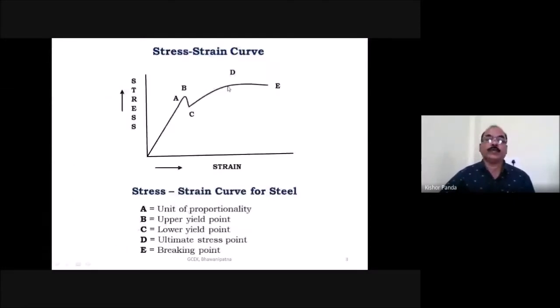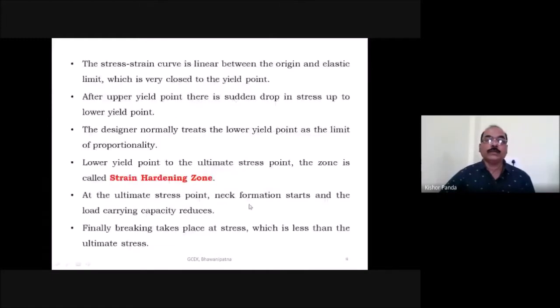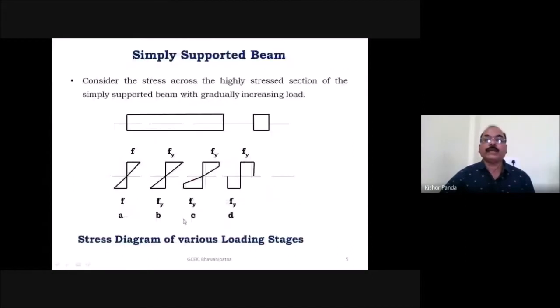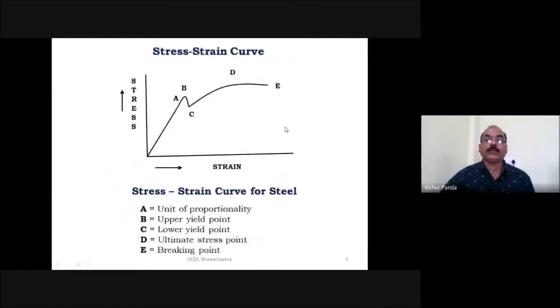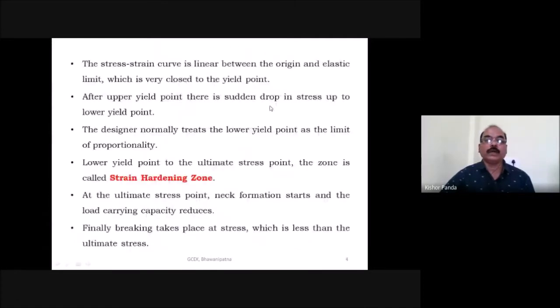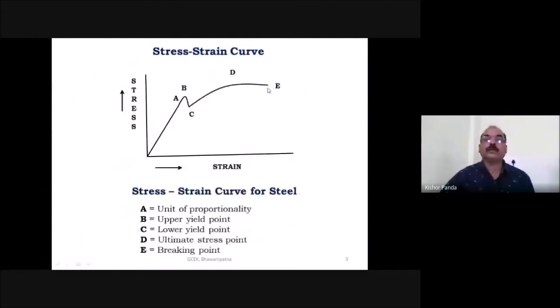From C to D, this zone is called the strain hardening zone. At the ultimate stress point, the neck formation starts and the load carrying capacity reduces. Finally, the breaking takes place at the point E. So this is the breaking point of the stress strain curve.